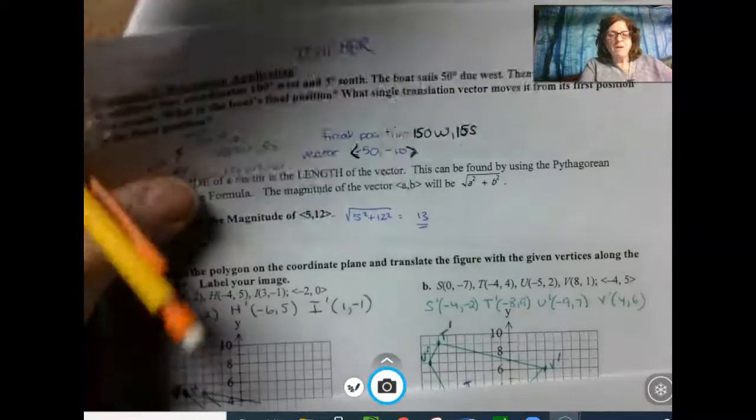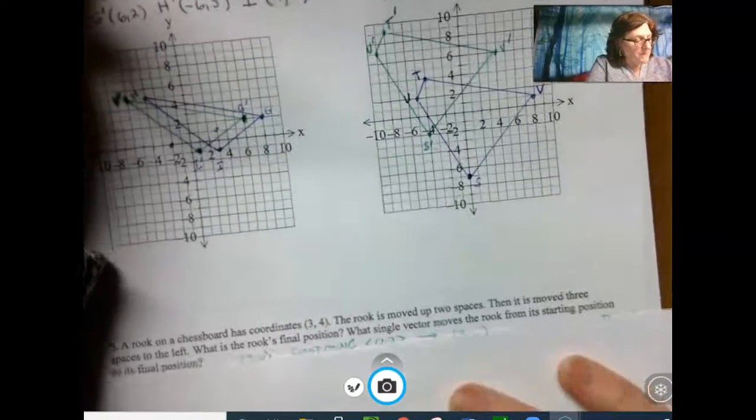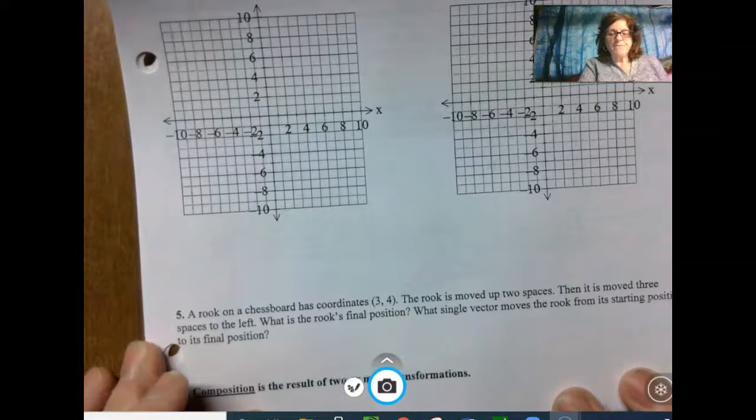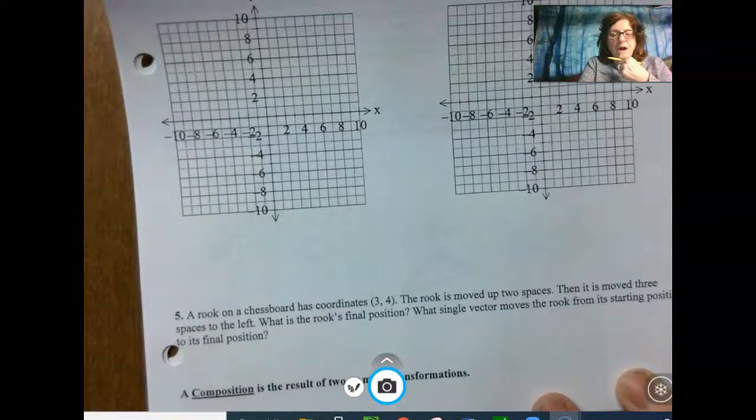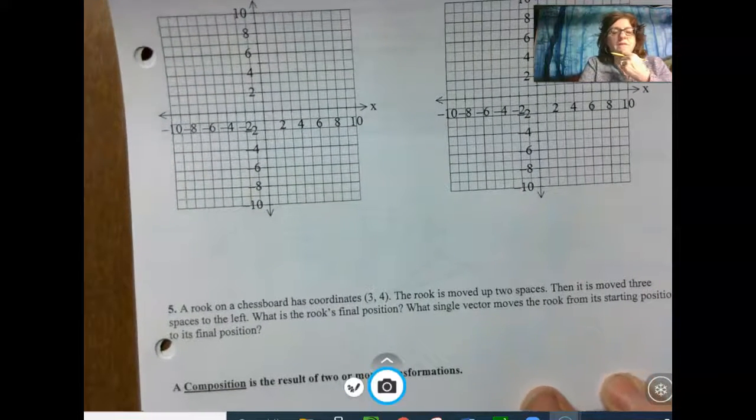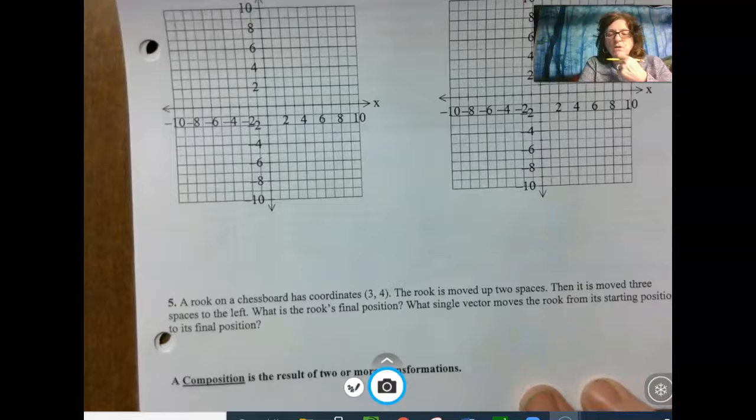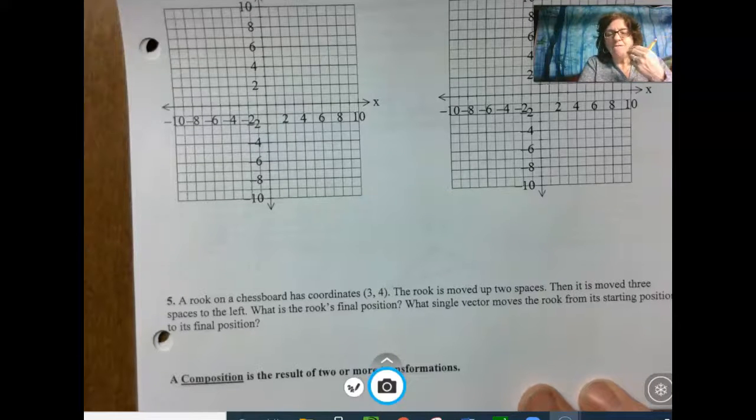And so let's jump on down now to number 5. Sorry about that. Let's go down to number 5. So number 5, my initial position is at (3, 4). And I'm going to move up 2 spaces. So how would you represent that vector?